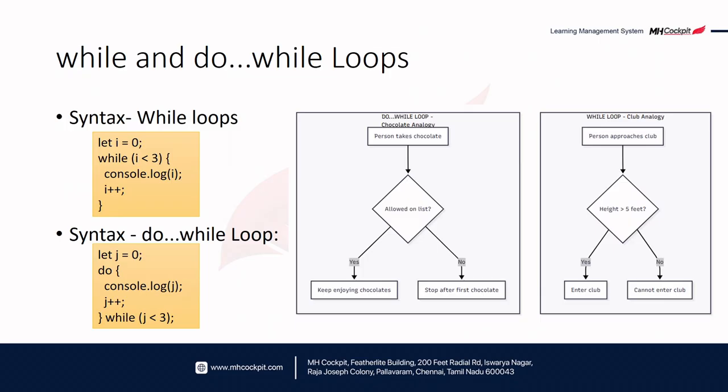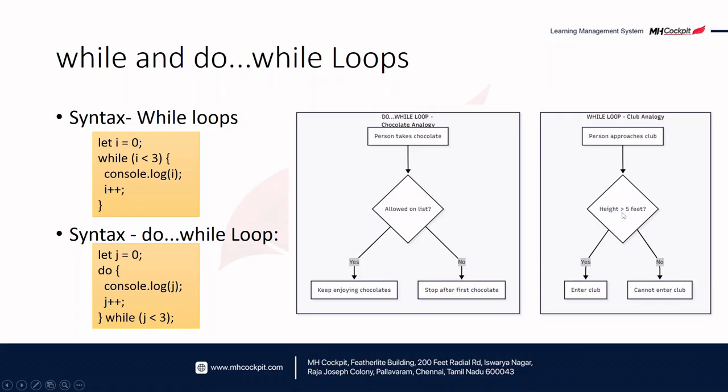It is very interesting to understand the difference between while and do while. As I mentioned in the class, there are 2 examples. For the while example, as I mentioned in the last class, a person approaches a club, and he is checked for a condition: height greater than 5 feet.